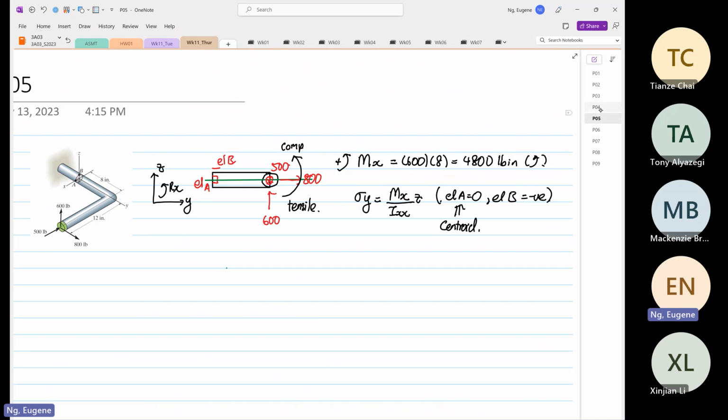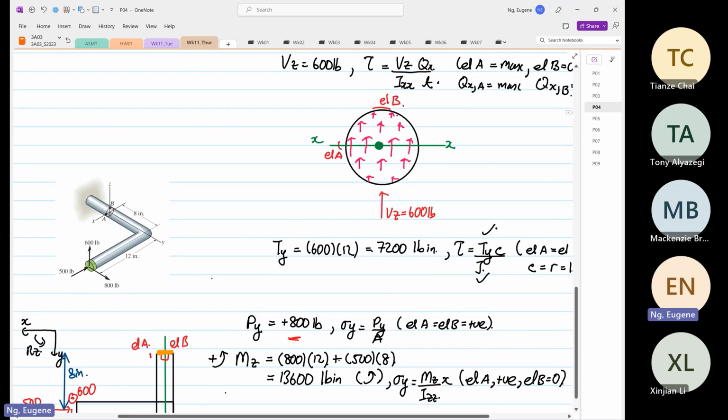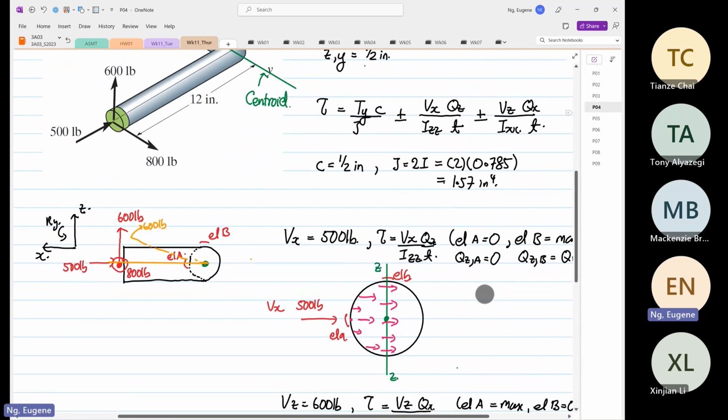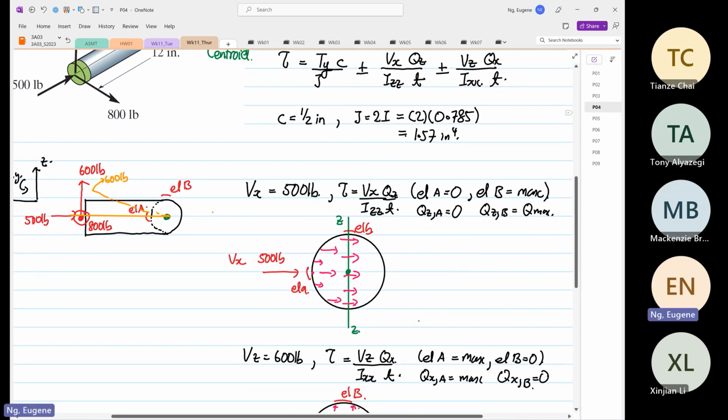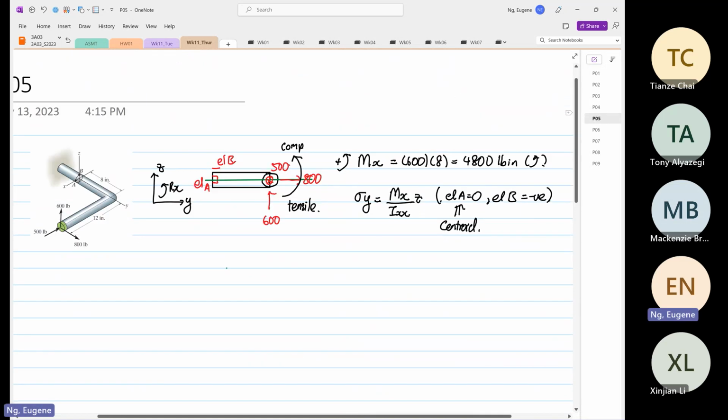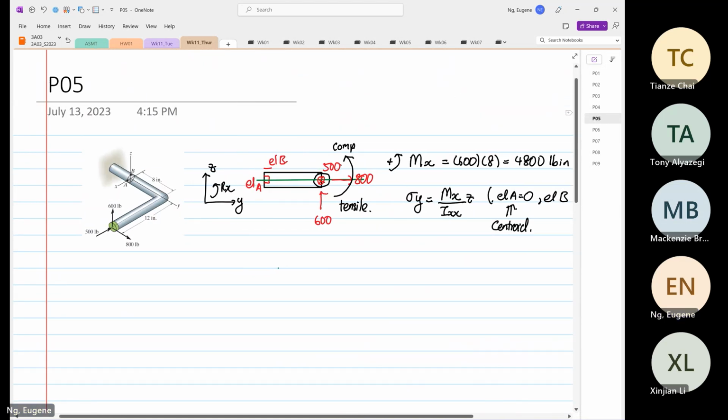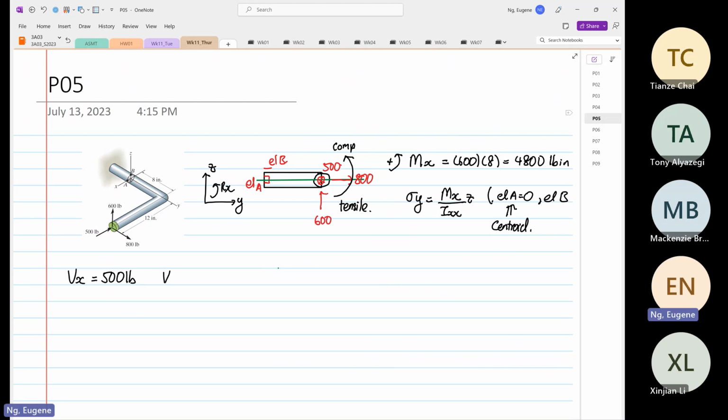Okay. So let's consolidate what we have. All right. So we have Vx and Vz. Vx is equal to 500 pounds, and we also have Vz, 600 pounds.